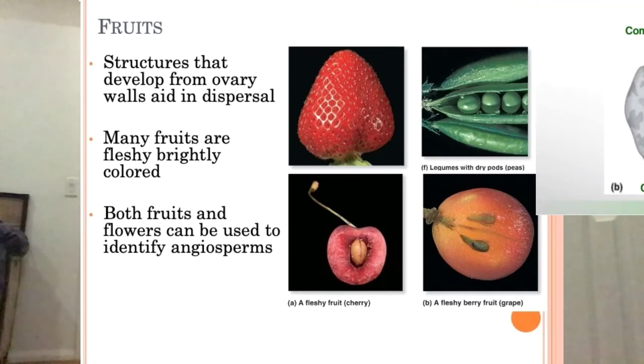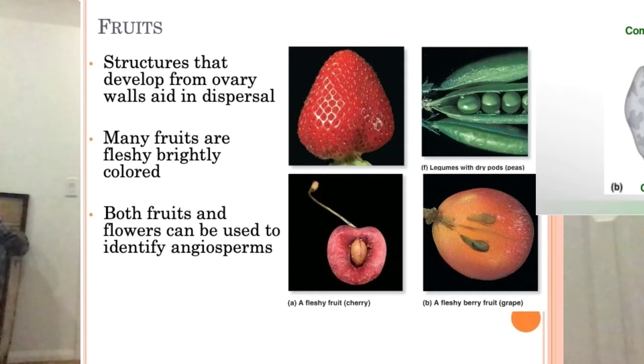So a lot of times what we'll see is like this cherry at the bottom, and think of really thick seeds like peaches on the inside of a peach and other stone fruits. Those seed coats are really, really thick. So it protects it so that angiosperms can really colonize areas where it can be very dry. So these seeds are greatly protected.